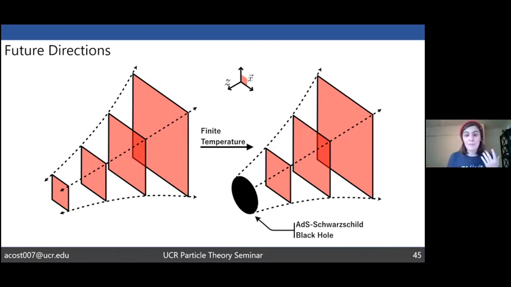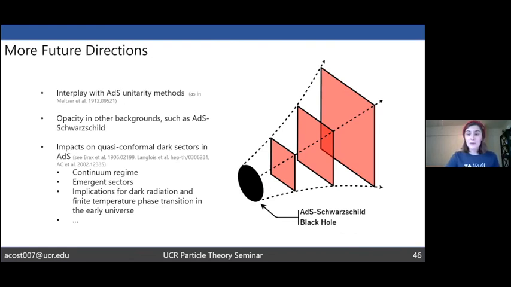Because Sylvain and I just recently came out with this paper, we haven't gotten an answer to these questions yet, and so this is an open question. Some other future directions: one thing I didn't mention is that although the position space dressed propagator in flat space has this exponential suppression that has to do with particle decays of phi 1, in AdS, except in certain cases, there are no good asymptotic states in the bulk.